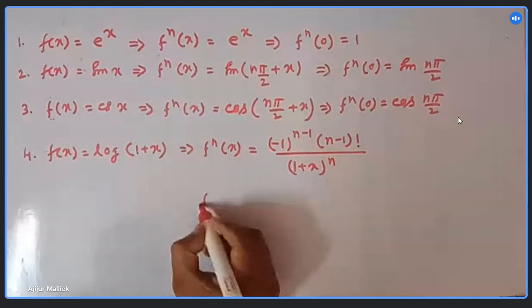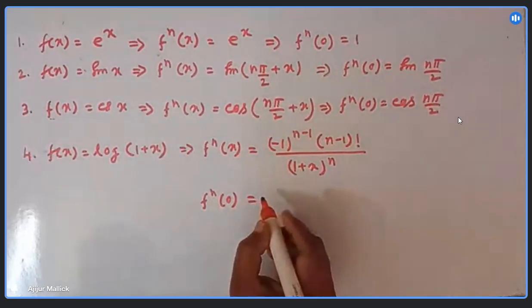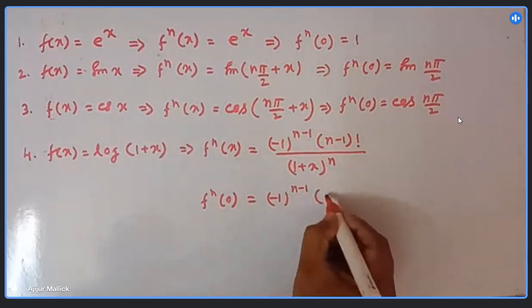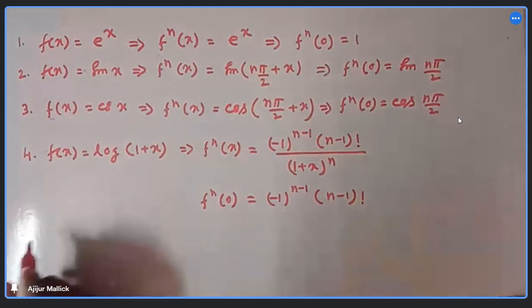And we need f^n(0), which is equal to minus 1 to the power n minus 1 into n minus 1 factorial.